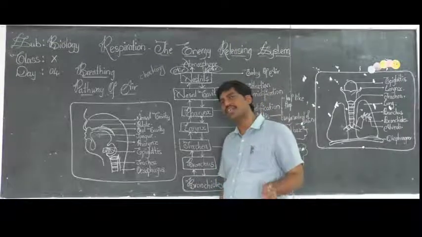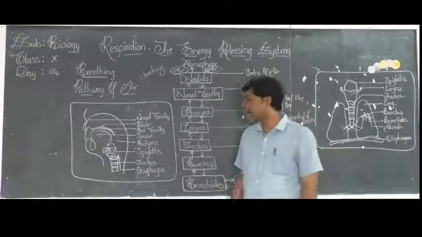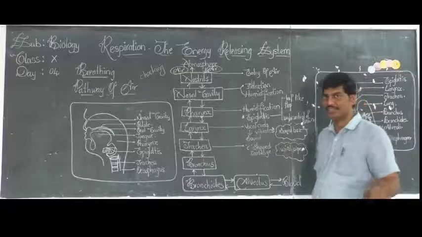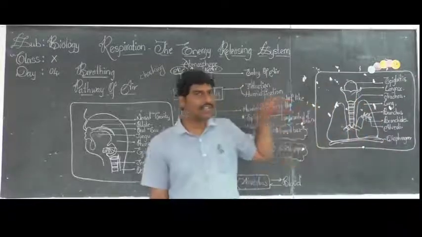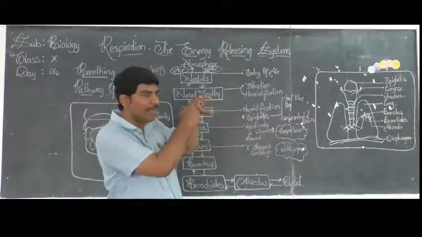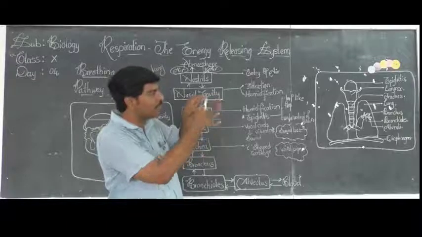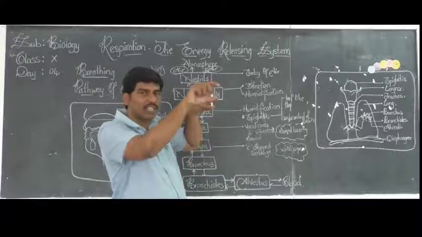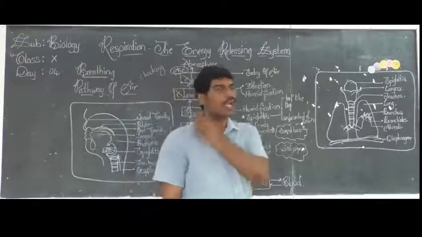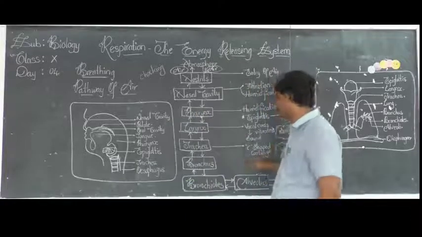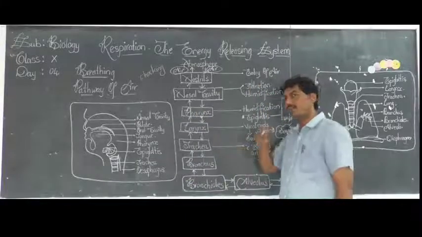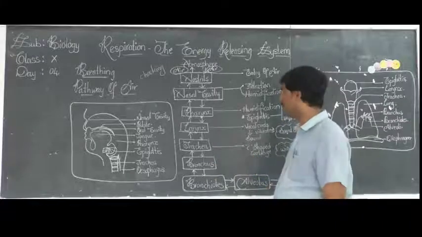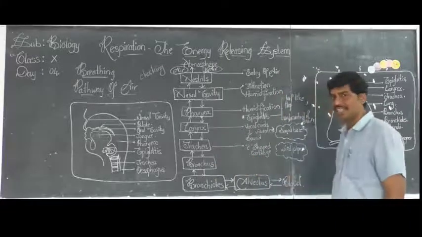So in order to protect it from collapsing, the trachea is made up of C-shaped cartilaginous rings. You can look here, this is a C-shaped cartilage ring, let you imagine. And this is joined by a ligament here. One to another they are arranged, and all these C-shaped cartilaginous rings together form the trachea. The trachea is prevented from collapsing because of these C-shaped cartilaginous rings.